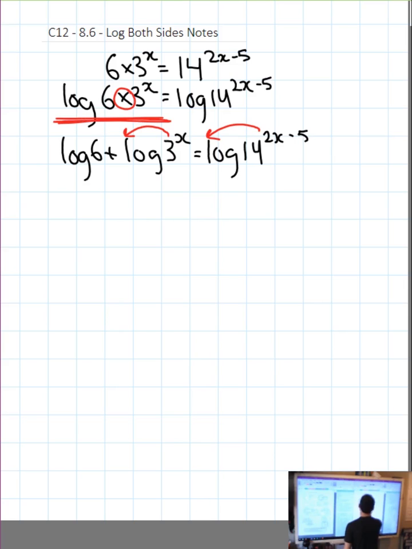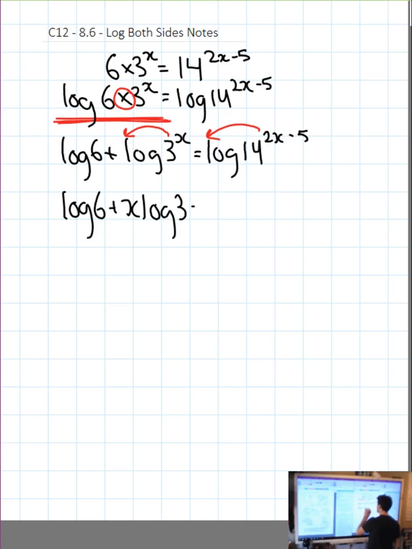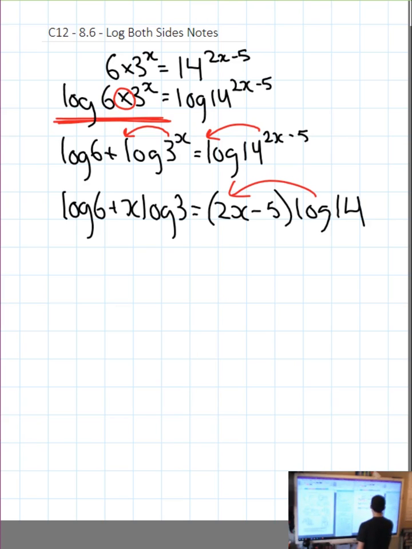I could absolutely not bring the x down before because it didn't apply to the 6. So if I bring my exponents down in front, remember to use brackets. Then I can distribute this log into this.